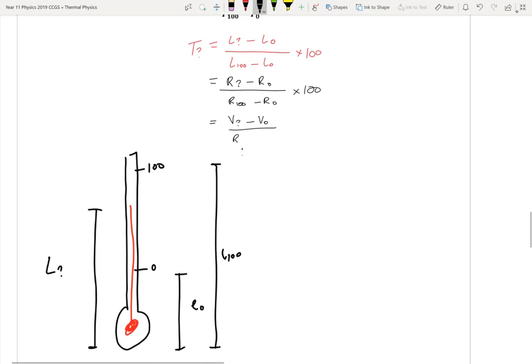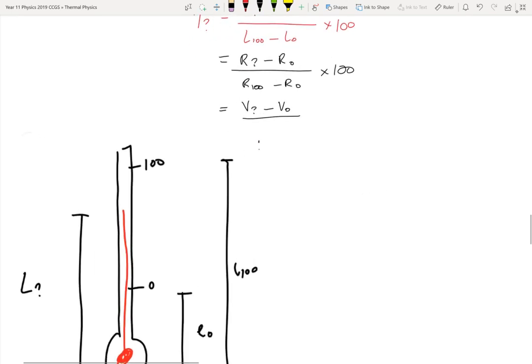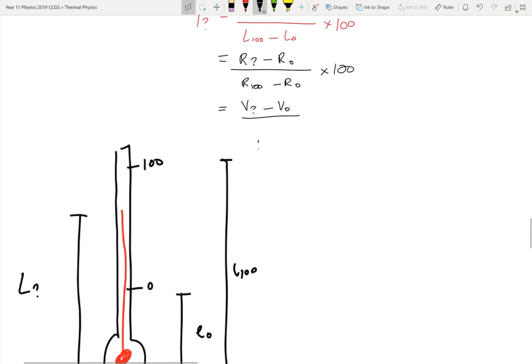We would then need to know the voltage at 100 and the voltage at 0. I can't talk and write at the same time. Just give us a second, and then some weird things are appearing on my screen. Don't know what that is. Okay, so this will always give us our unknown temperature.